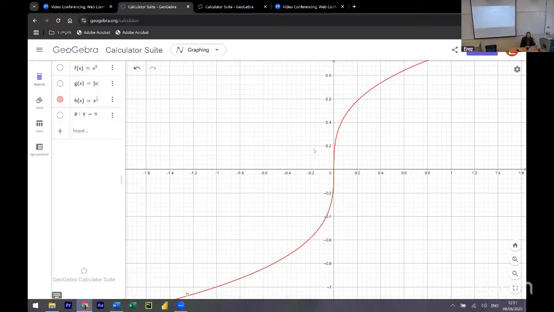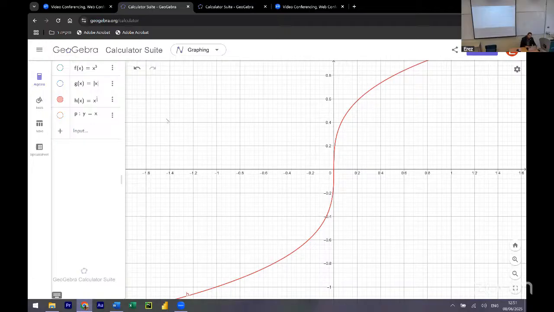If a function is differentiable, it's continuous, but the derivative itself does not need to be continuous. So we'll see an example later.